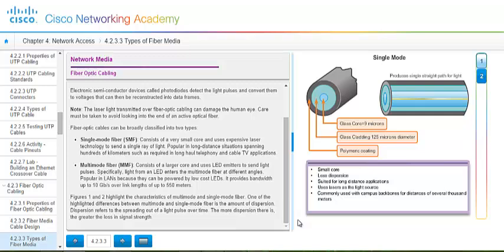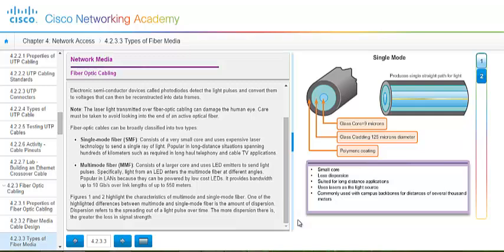The single mode fiber consists of a very small core and uses expensive laser technology to send a single ray of light. It's popular in the long distance situations spanning hundreds of kilometers, such as required in long-haul telephony and cable TV applications. Your multi-mode fiber consists of a larger core and uses LEDs to send the light pulses.